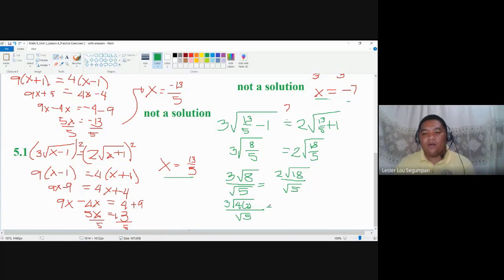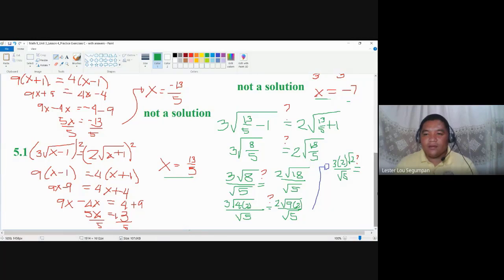Is equal to, the other side could also be written as the square root of 9 times 2 over the square root of 5. And then simplify what can be simplified. That becomes 3 times 2 square root of 2 over the square root of 5. Let's place question marks, we're not sure if they will really be equal.